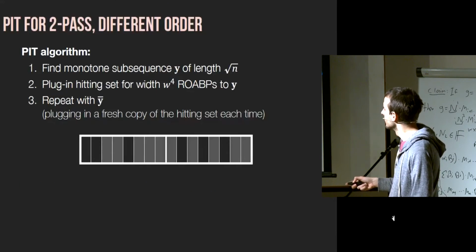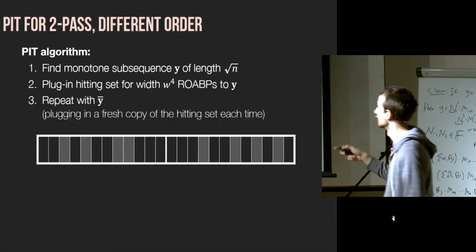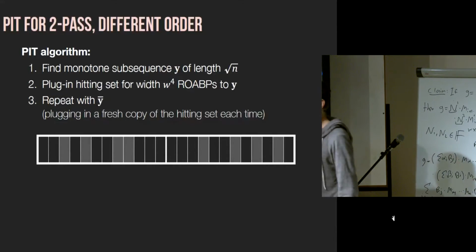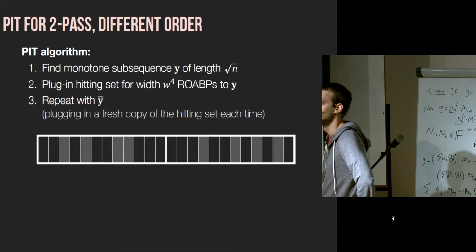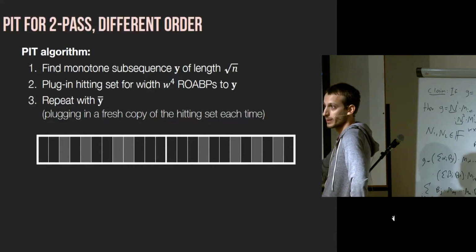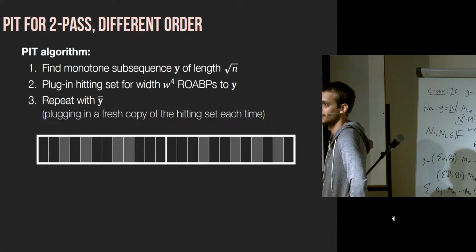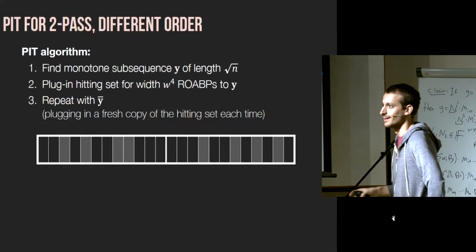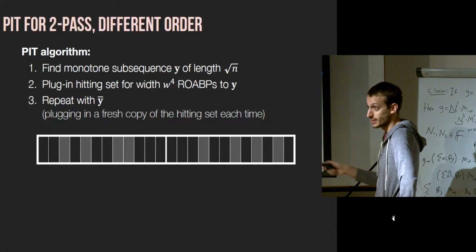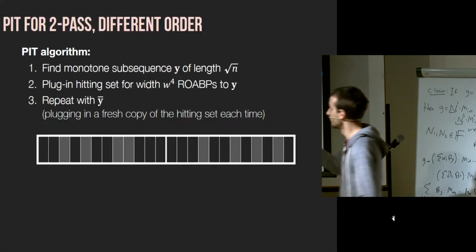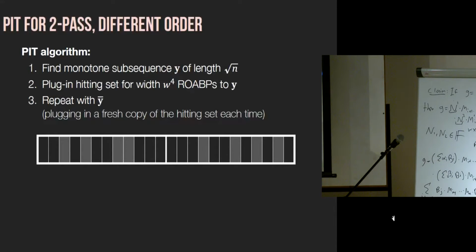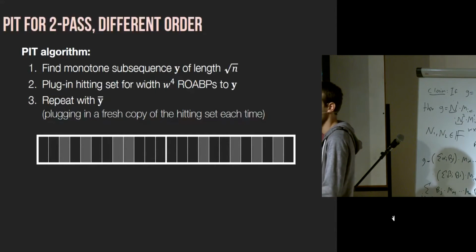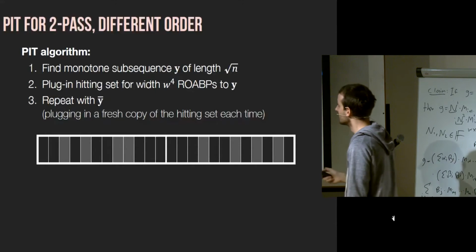So I know that if I only restrict to these gray variables, there is a hitting set for read-once ABPs. Many people have done it over and over again. So you can just find the field elements such that if you set those variables to these field elements, this polynomial remains non-zero over the field of rational functions in the other variables. The point is that the restriction is now a non-zero polynomial, and then you just recurse.